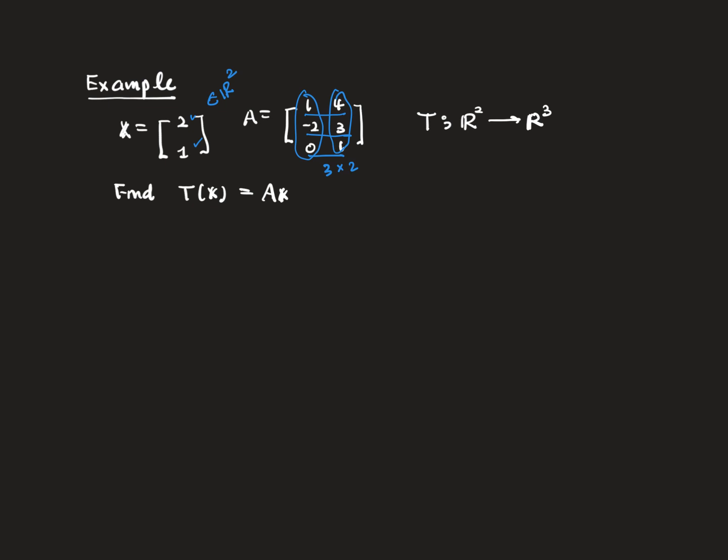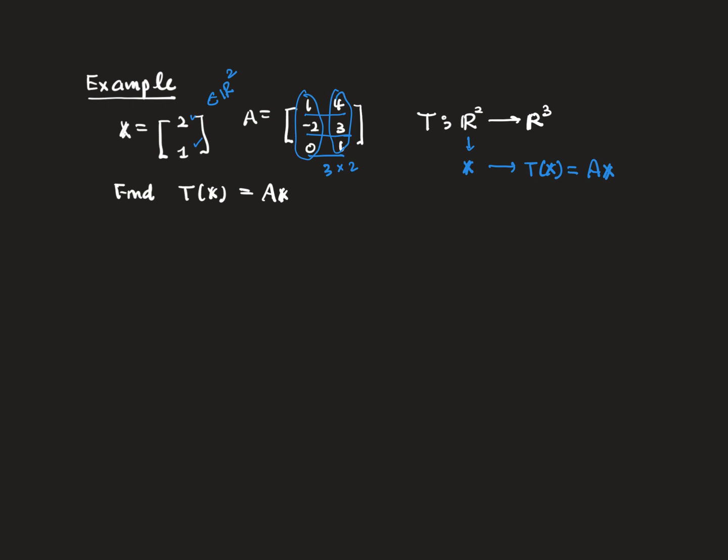So this transformation using the matrix, here is a vector x in R2, going to T of x. That's the function. We're going to define this image as A times x. That's how to define this transformation, okay?